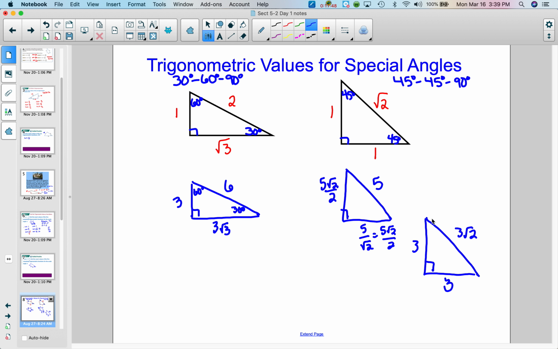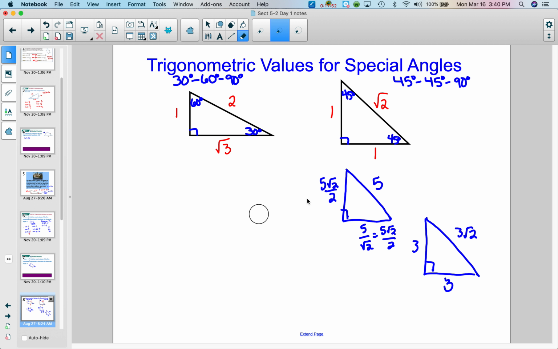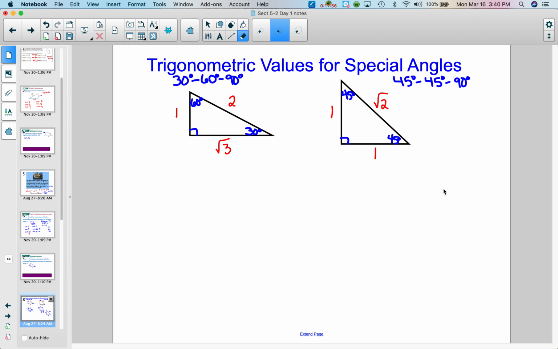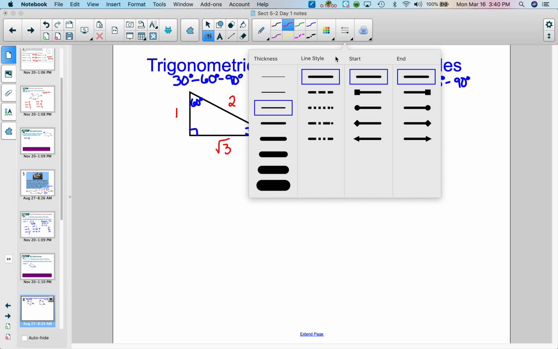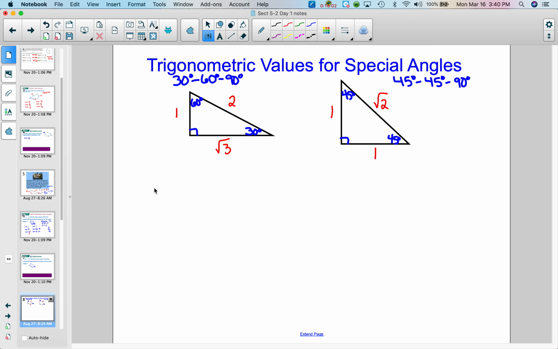But we're going to do the trig values for these angles. So I'm going to erase all of that I just did. Of course, you could always rewind if you wanted to watch it again. So let's write these out. For the 30, 60, 90, we're going to have sine 30 degrees, cosine 30 degrees, and tangent 30 degrees.